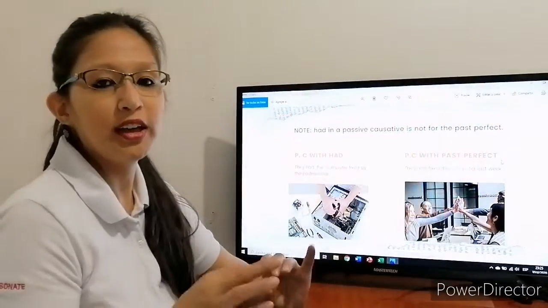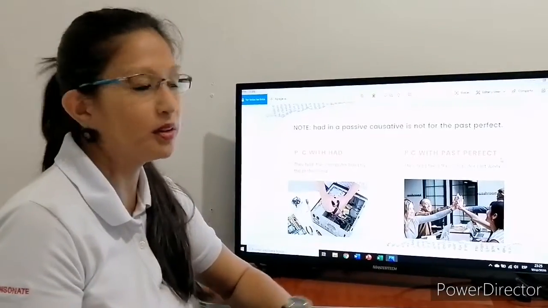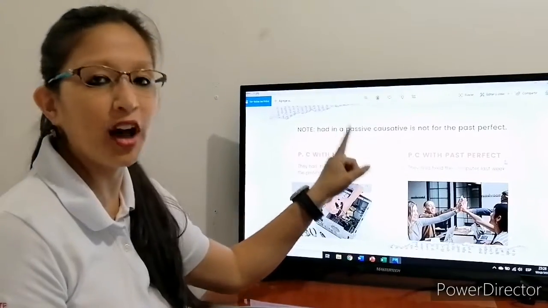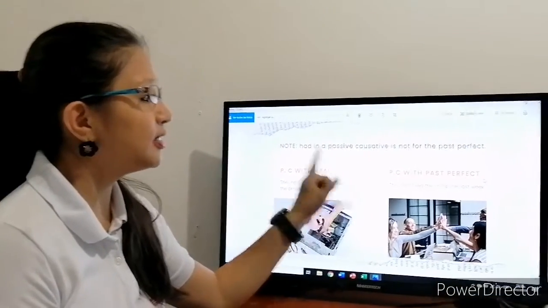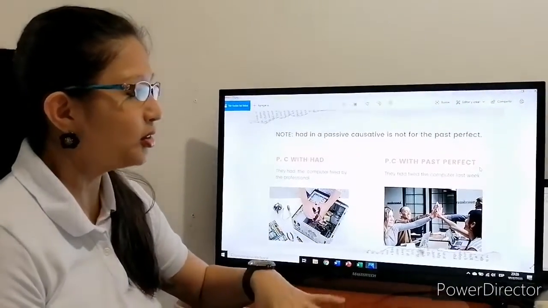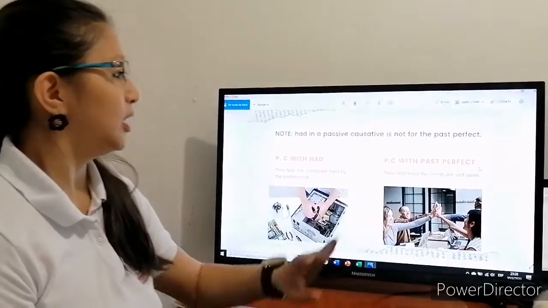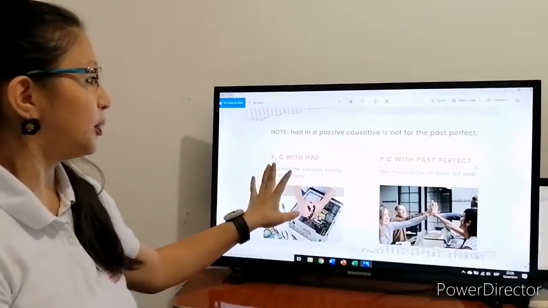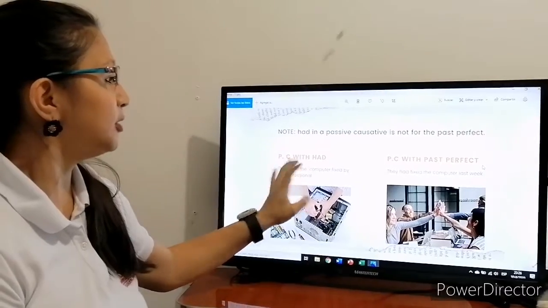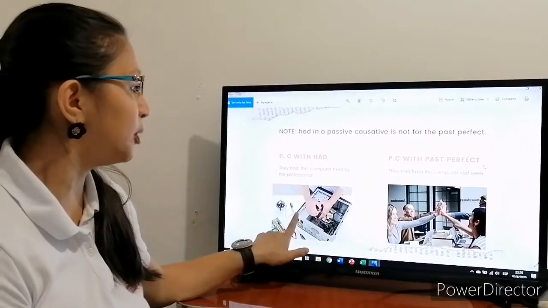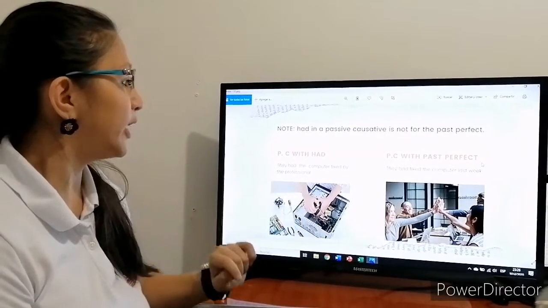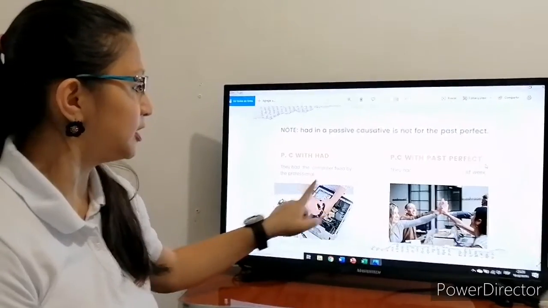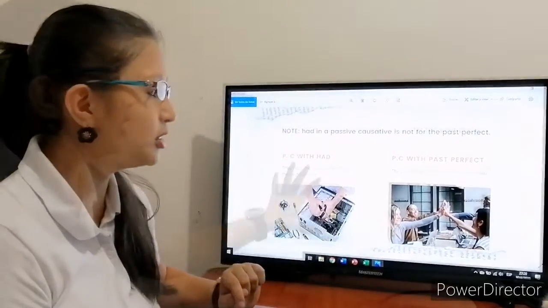The verb had in a passive causative is not the same as in the past perfect. The passive causative with had is, for example, they had the computer fixed by the professional.